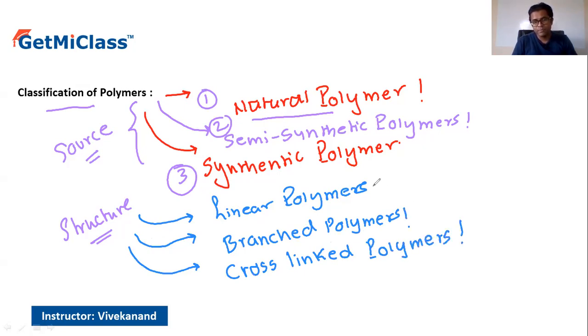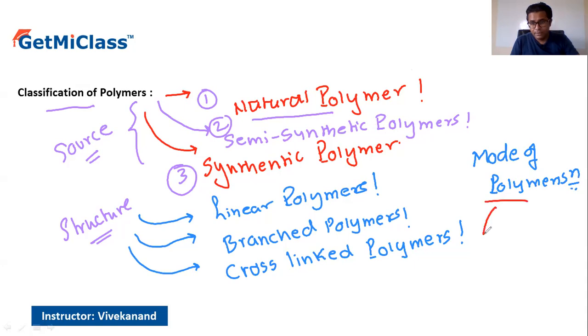Okay, so we have these three again. On the basis of mode of polymerization, okay, how are we creating this polymer? So the third type of classification of these polymers is on the basis of mode of polymerization. We can have two categories.